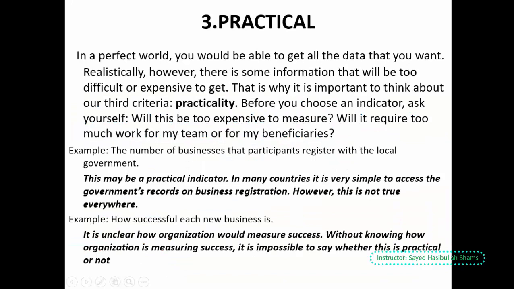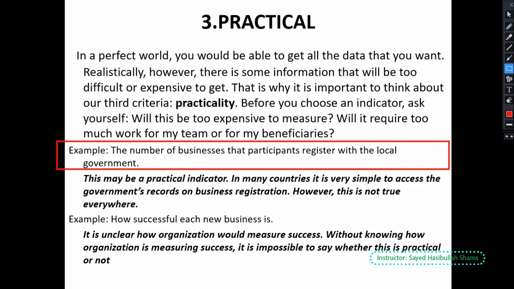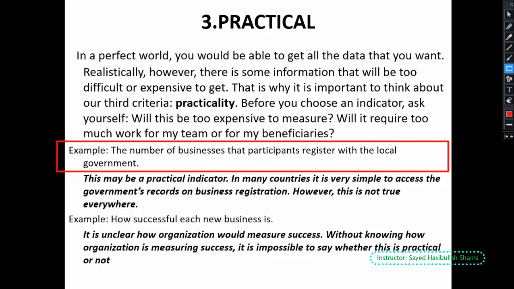Now practical, to understand whether the indicator lets us collect the data very easily. For example, the number of businesses that participants register with local government, we can measure this very easily. We can take data from different websites and different sources to understand how many businesses are registered with local government, and we can take this data very easily.